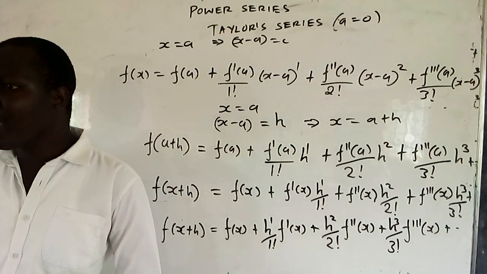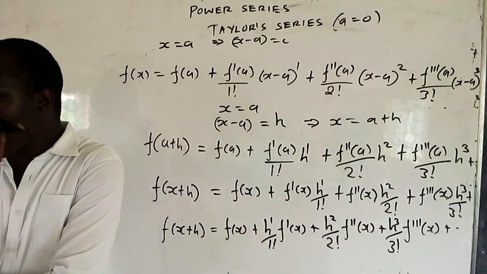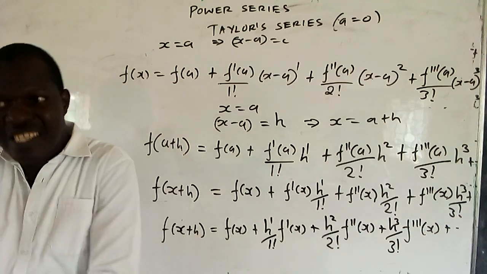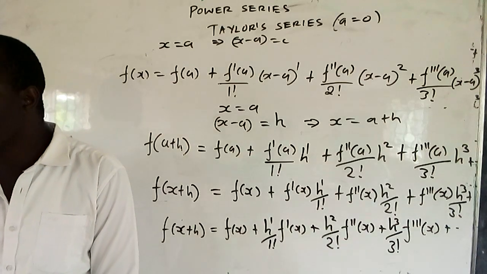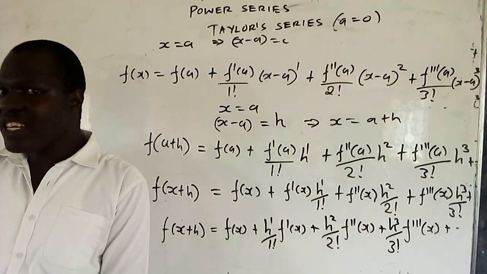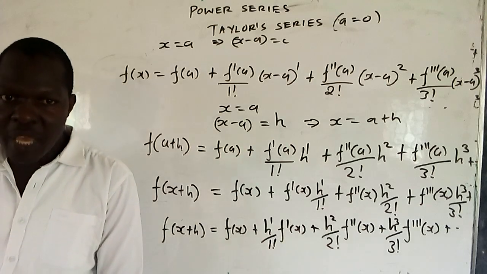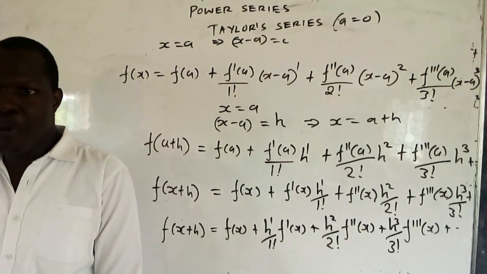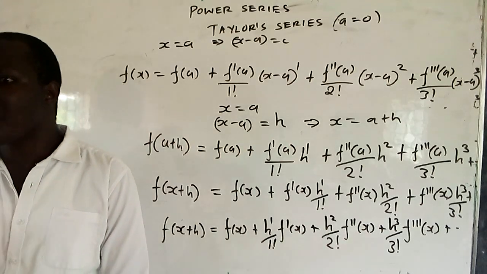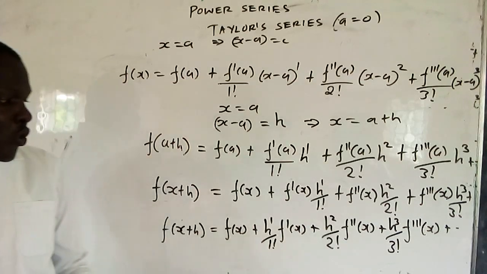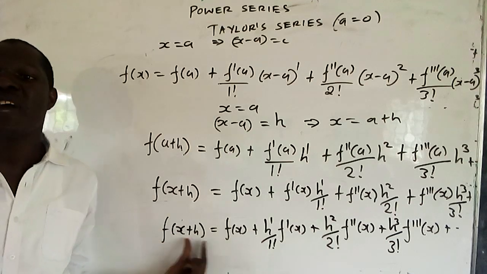It is expanding in ascending powers of that given variable, meaning at a point where a is 0. So if it is a function of x, it must be ascending powers of x. That is automatically Maclaurin series, isn't it? Then in Taylor series, we've seen you expand at a point when x is equal to a, if it is a function of x, isn't it? At a point when t is equal to a, if it is a function of t, isn't it? And we've also seen in the Taylor series, you can expand a function f of x plus h.